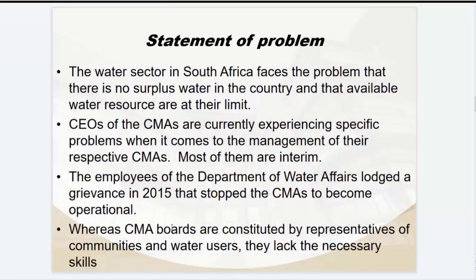This includes how staff needs to be organized, how work needs to be executed. In other words, the role of the CEOs is going to be affected by the way in which you design the organization.